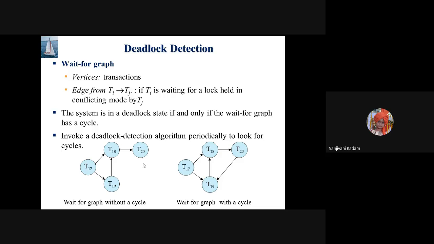If there is an arrow from T17 to T18, it means that T18 is waiting for T17 to release a data item. This is a wait-for graph. T18 is waiting for T17, T20 is waiting for T18, and T18 is also waiting for T19.